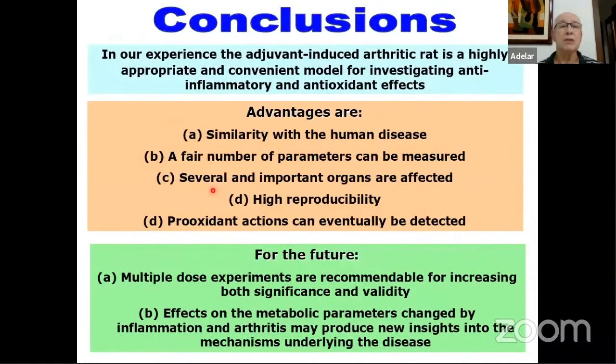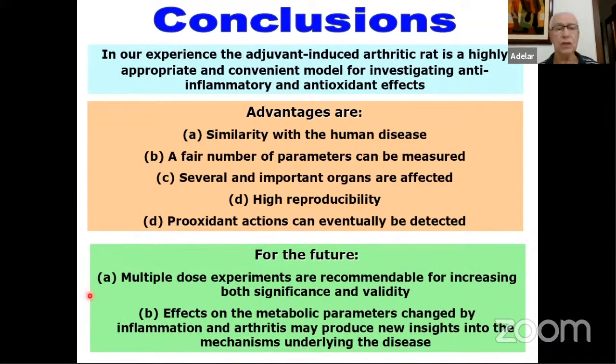So let me conclude. In our experience, the adjuvant-induced arthritic rat is an appropriate and convenient model for investigating anti-inflammatory and antioxidant effects. Advantages are similarity to the human disease, a fair number of parameters can be measured, several important organs are affected, high reproducibility, and pro-oxidant actions can eventually be detected.